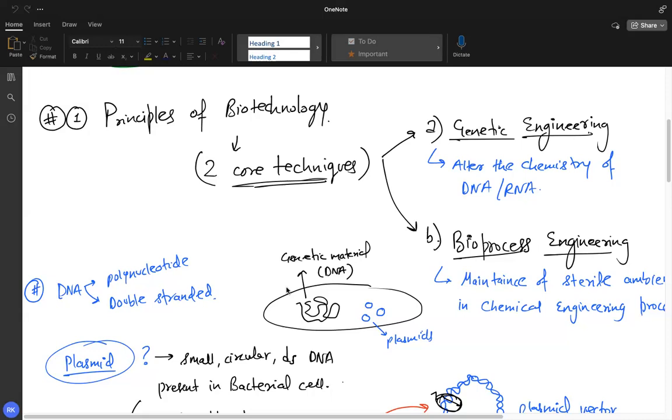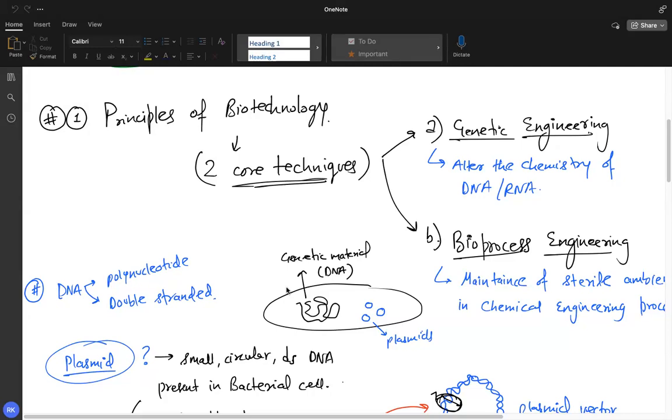And once that fertilization is done and it starts developing into a zygote, we implant it back into the female body. Now, to do all of that, we need to maintain a sterile ambience. We need to develop tools and sophisticated machineries where we can do all of it without contamination.